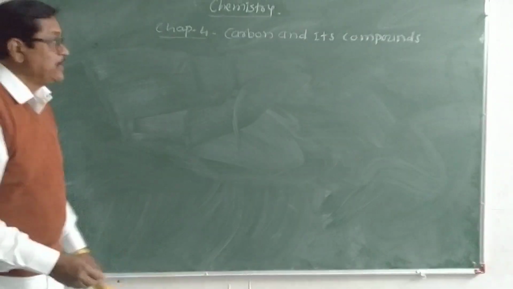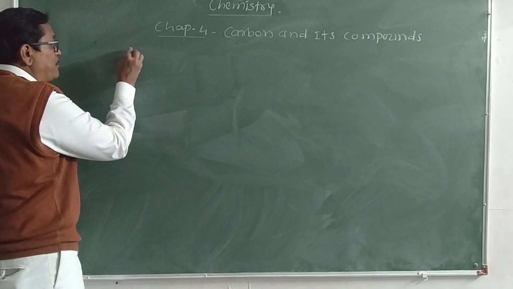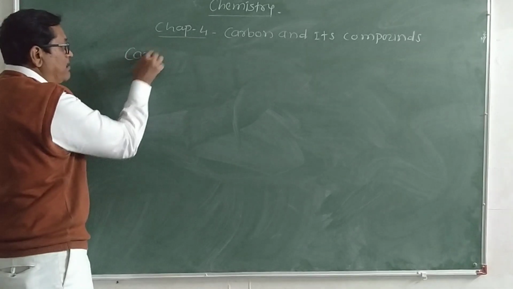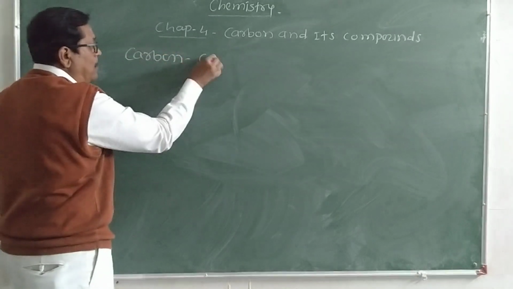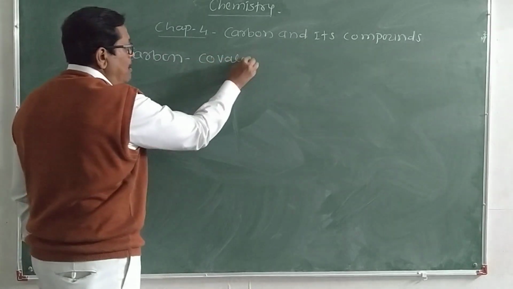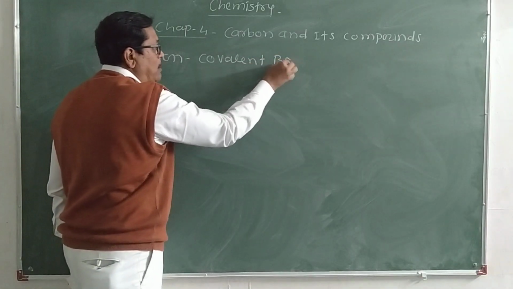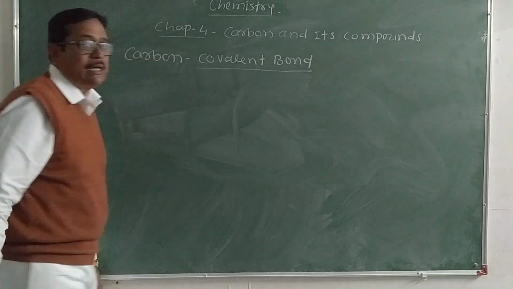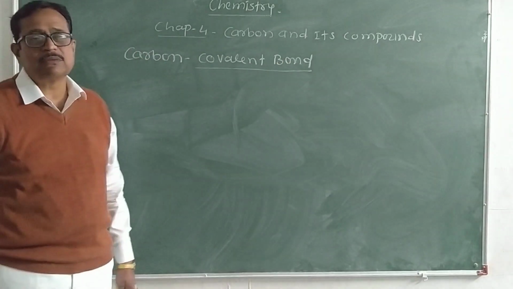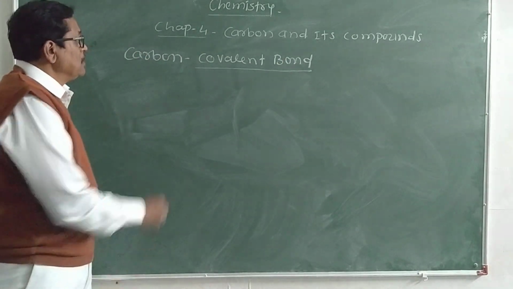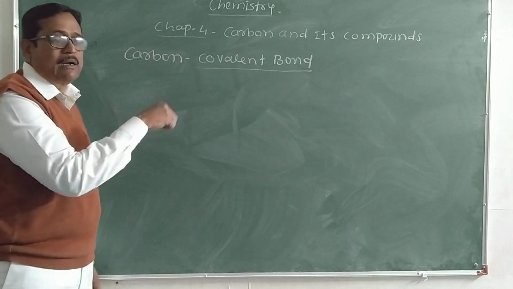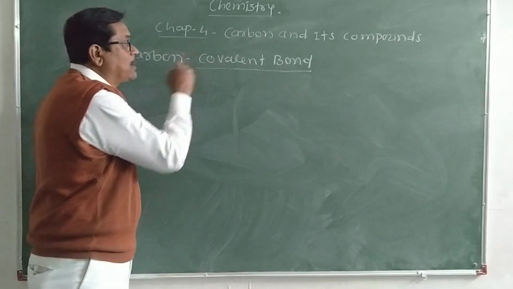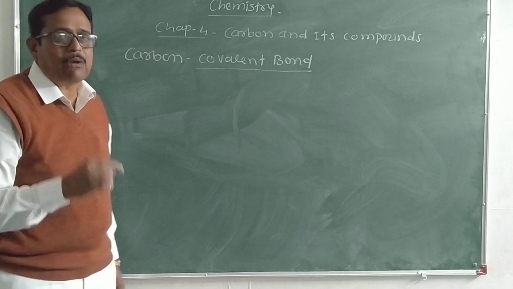Dear student, look here: carbon and its covalent bond. Carbon forms covalent bonds, and the compounds obtained from carbon are said to be covalent compounds. Carbon-containing compounds have covalent bonds. You know what a covalent bond is?